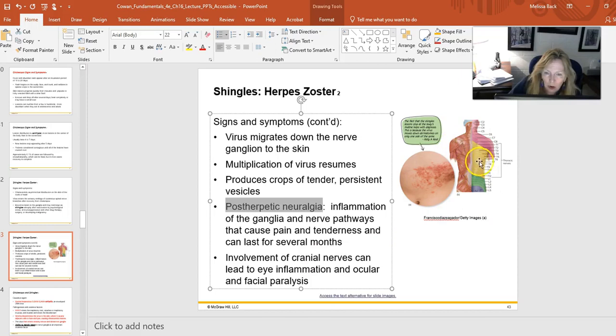Depending on what nerve it followed along, like you can see the umbilical region here, on the anterior trunk of this person, it can actually follow a nerve into the eye, and it can end up causing blindness, and paralysis along those areas.